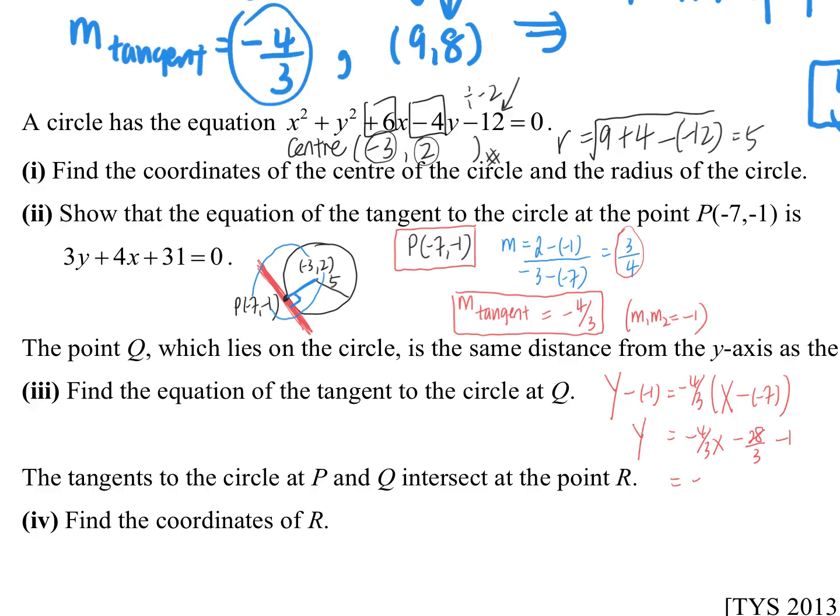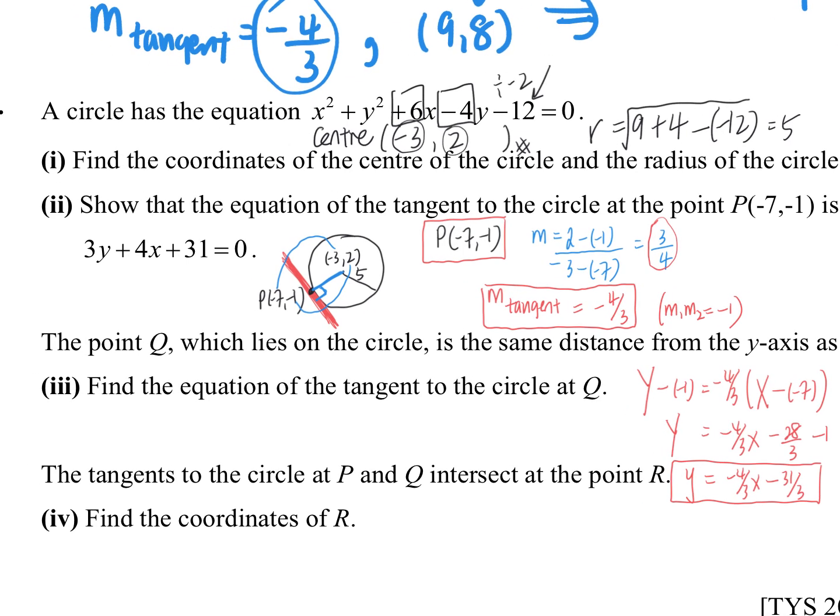So you end up having this as your equation. Okay? So always tell yourself, if you want to find an equation, what is the thing that you need to have? So equation means you need gradient and you need a point on the line. So with that, you can find the equation. So this one, no problem.